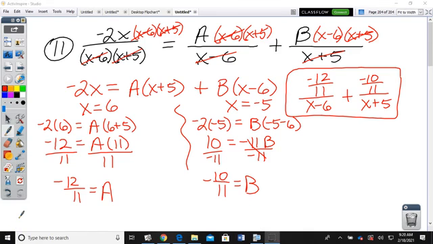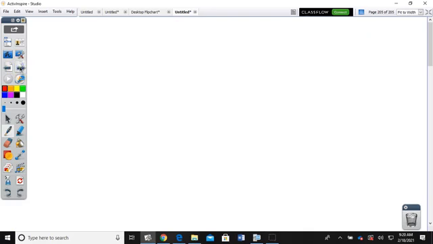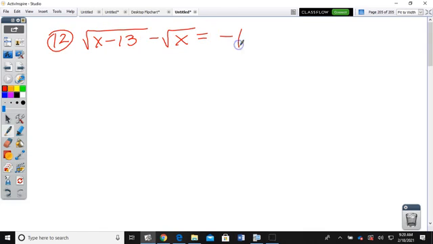All right. 12, 13, 14, 15 and 16 are more equations. 12, 13, 14 and 15 are all radical equations, so we're going to have a radical in there with it. 12 says to solve the square root of x minus 13 minus the square root of x equals negative 1.